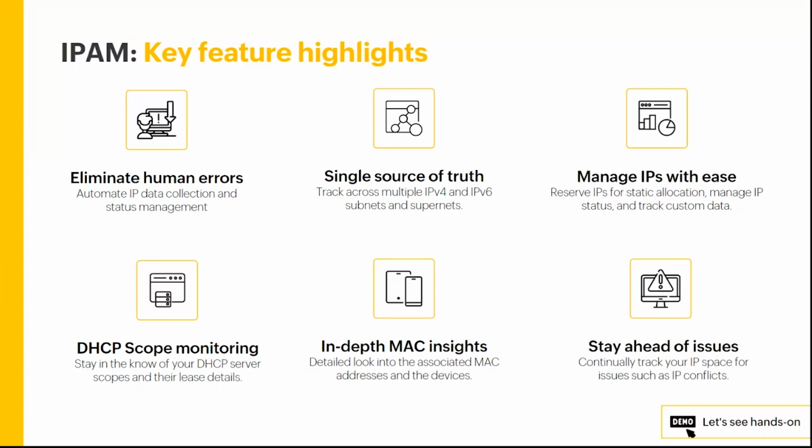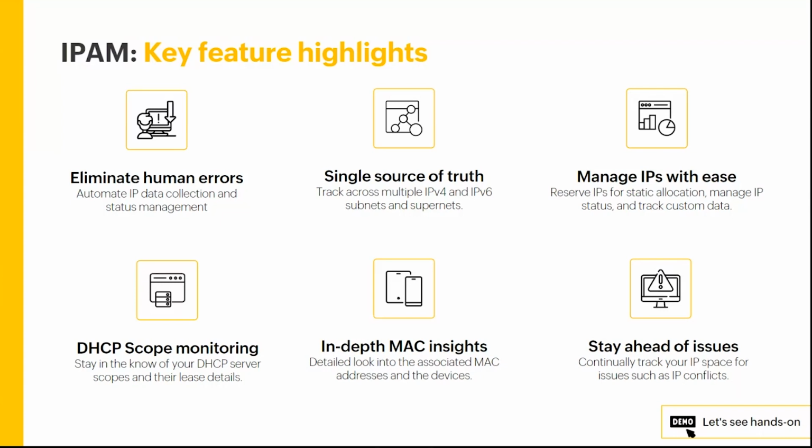After all, what good is a tool that provides insights into your network status without granting control over it? This is exactly what OpUtils IPAM tool achieves. It offers holistic visibility as well as control over IP allocation, usage, and management. With the ability to logically manage IPs and allocate them for static allocation, you can even add custom columns to track specific data about a subnet or an IP.